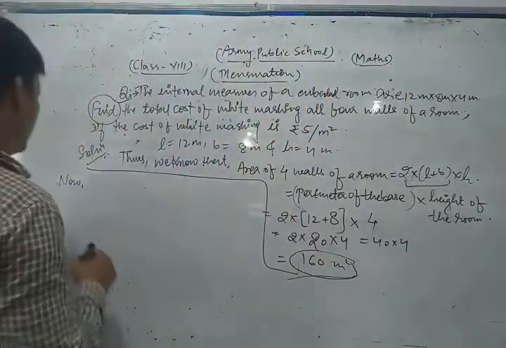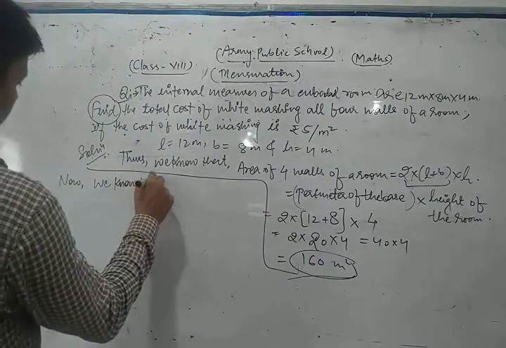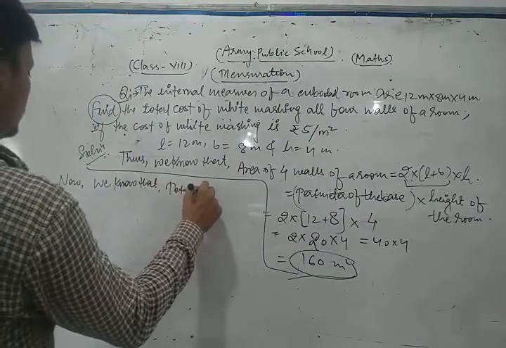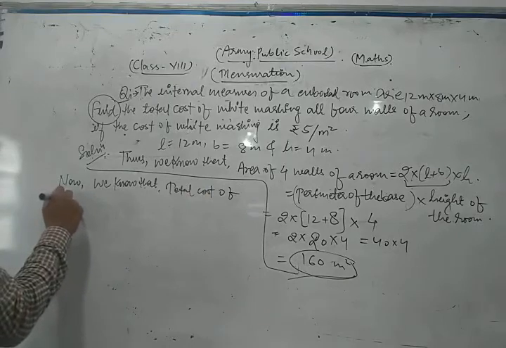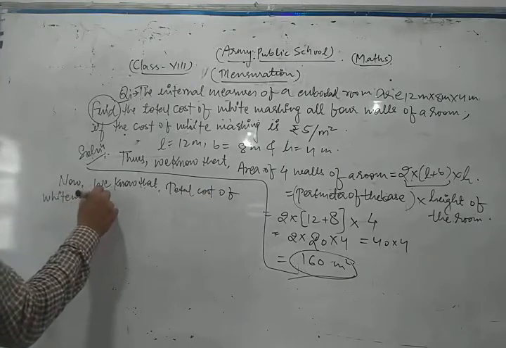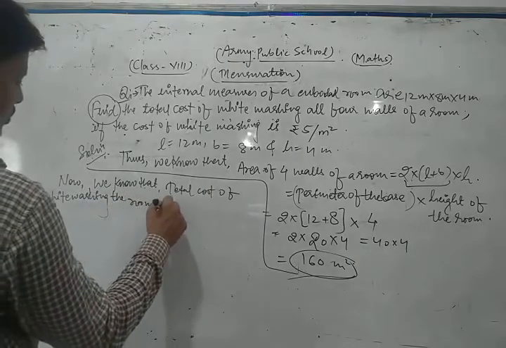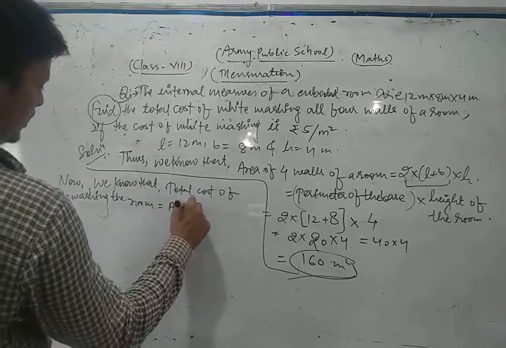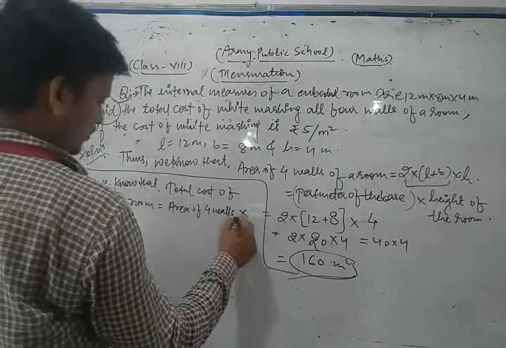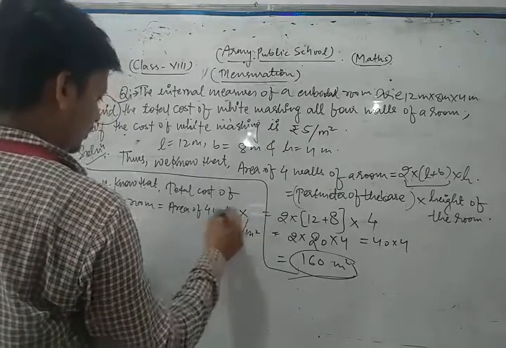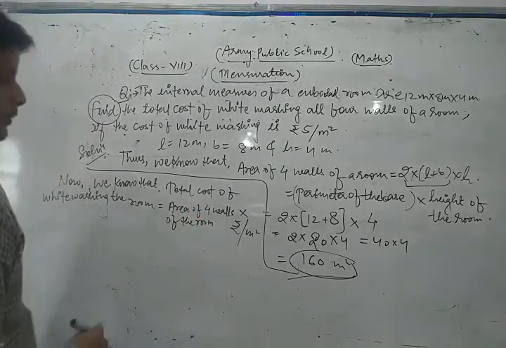So thus now we know that total cost of whitewashing the room is equal to area of four walls of the room into rupees per meter square.